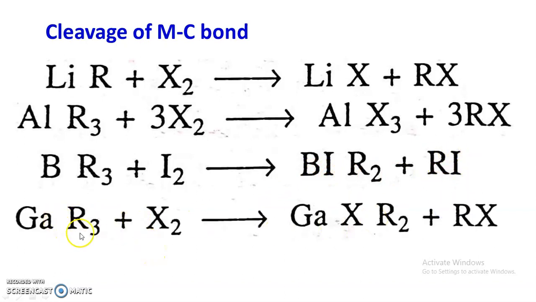Similarly, when trialkyl gallium is treated with halogen, one of the alkyl-gallium bonds breaks and the alkyl group is replaced by halogen. So in this way, halogens are able to break the metal-carbon bond, and there is a decomposition of the organometallic compound.